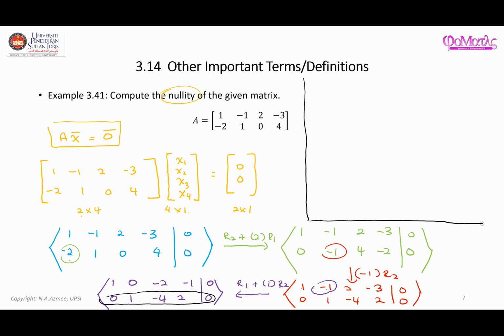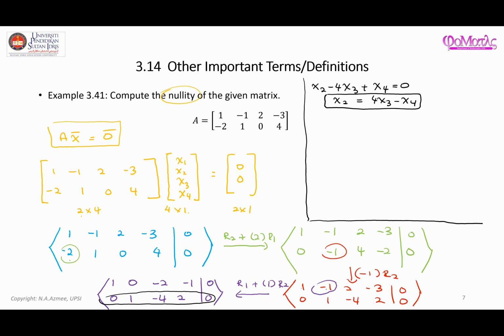So based on this, we have x2 minus 4 x3 plus x4 is equal to 0. So x2 is just 4x3 minus x4. So this is the first equation.